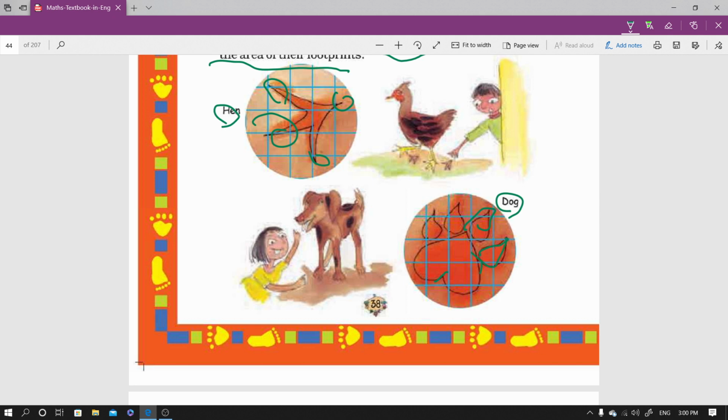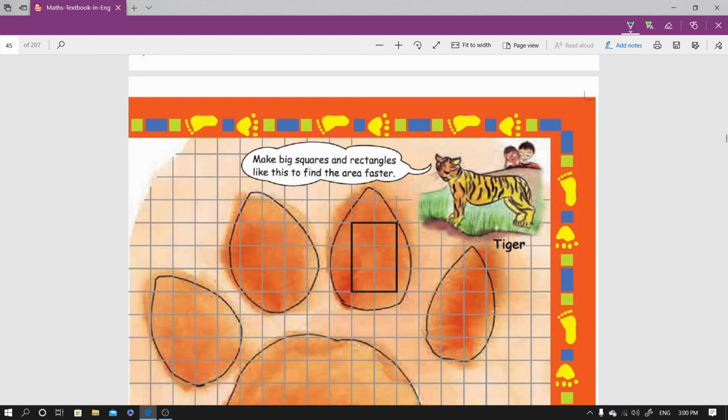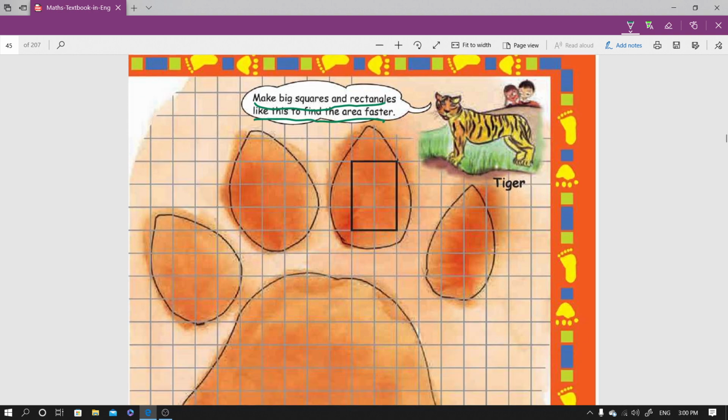Make a big square and rectangles like this to find the area faster.